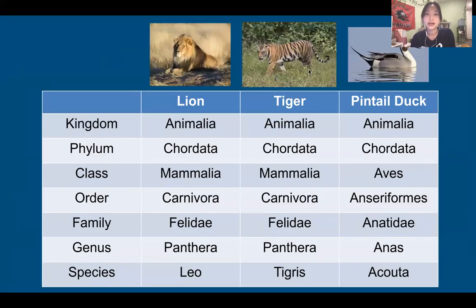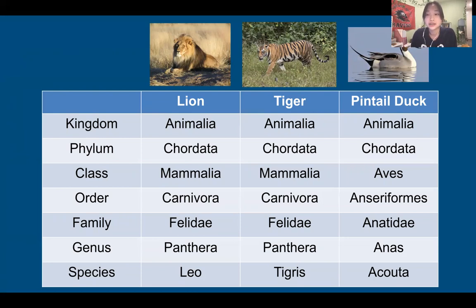Here's an example of taxonomy. We have 3 species, which you all probably are familiar with. We have the lion, the tiger, and a species of duck. So obviously, all of these are animals, and so they belong in the Animalia category, and they're also all in the same phylum. However, starting from the class is kind of where they begin to split, because obviously ducks are birds and birds aren't mammals, while lions and tigers are mammals because they're warm-blooded.